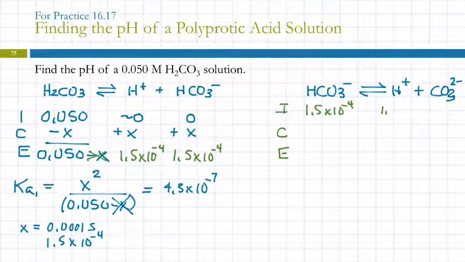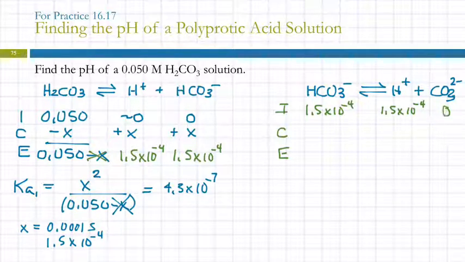So we should put that in here. Do we have to worry about the contribution of water? No, because that's 10 to the minus 7, and adding that on to 10 to the minus 4 is too small, doesn't matter. What's our initial concentration of carbonate ion? 0. Okay.